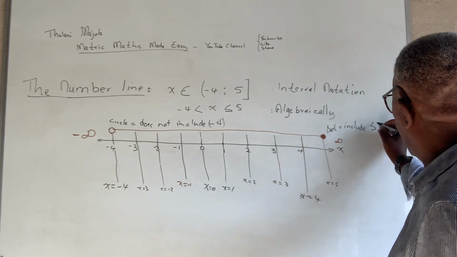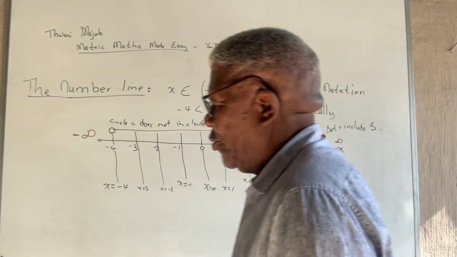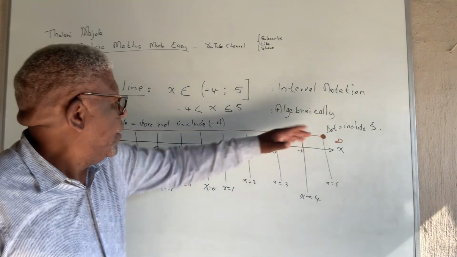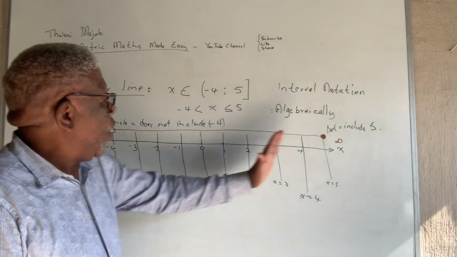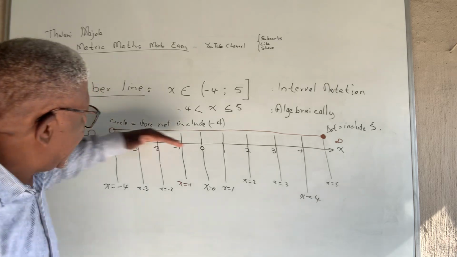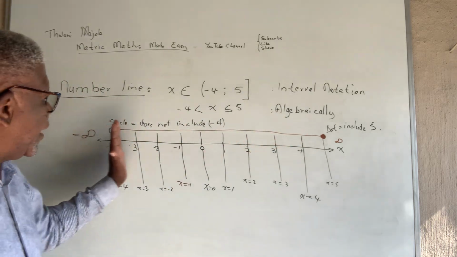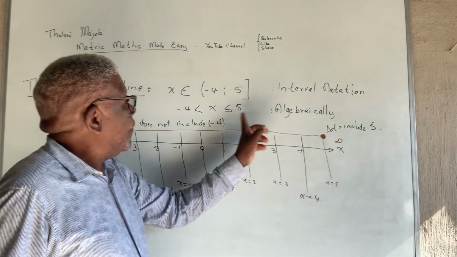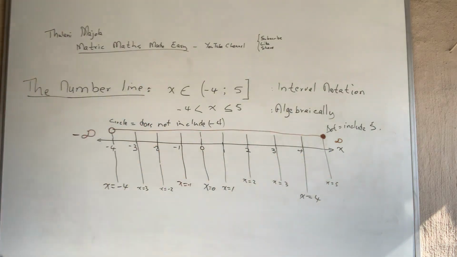X is equal to 5, includes 5. So you'll understand more of the symbols later on. But now these are the real numbers between -4 and 5, and they include 5. Any other real number here which is greater than -4 and less than or equal to 5 is there. It's represented by that number line.